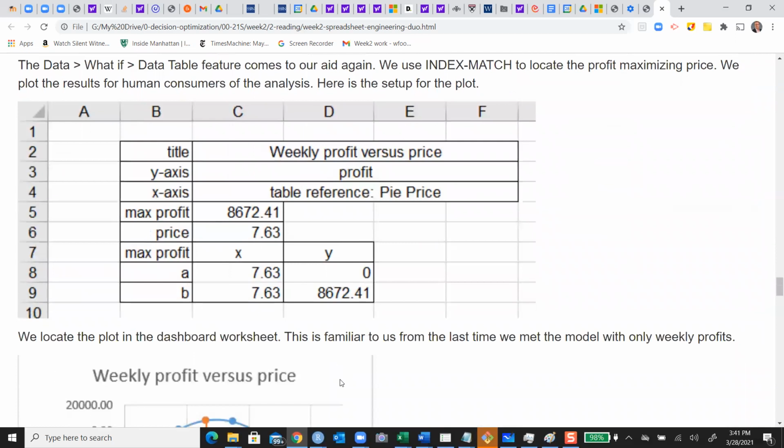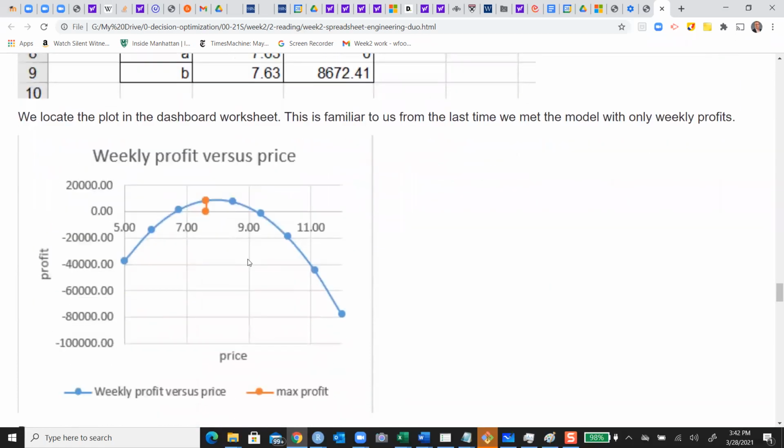Then we can build a graph of this, a plot. Again, we have the setup, same as before, with an X, Y line drawn from A to B. But notice it's an interesting break even here. There's two of them. Now, this is a quadratic equation. You can see that parabolic shape from high school.